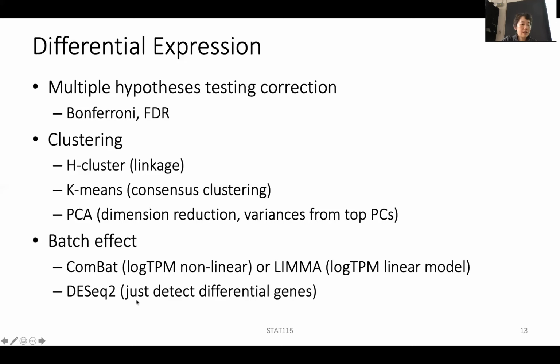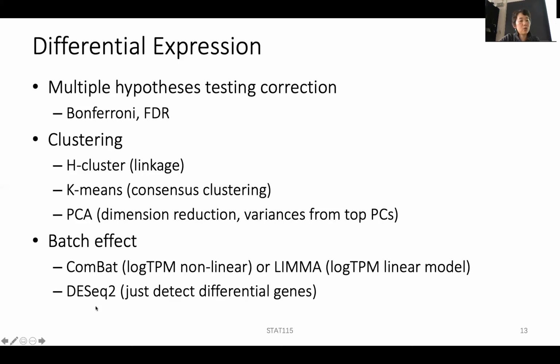And then we talk about DESeq2. So with DESeq2, you can just look at whether the genes are differentially expressed. It will report the differentially expressed genes, but it would not give you corrected expression data, whereas ComBat and limma, after you run them, will give you a new expression matrix with the batch effect removed.